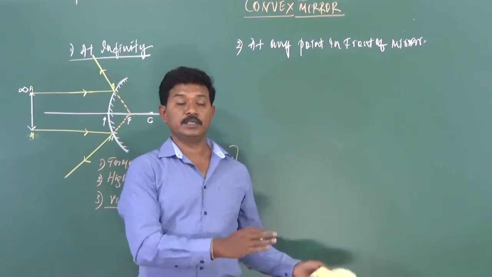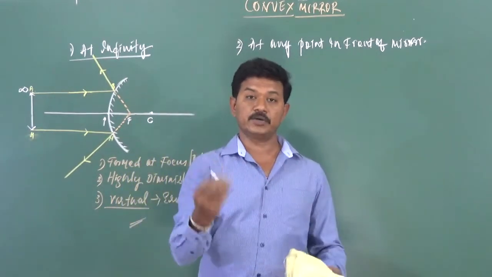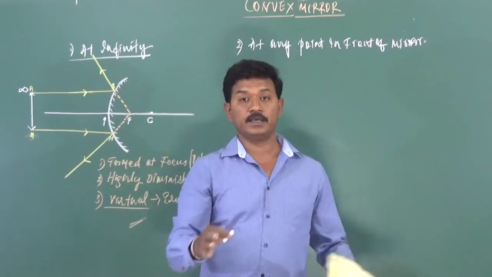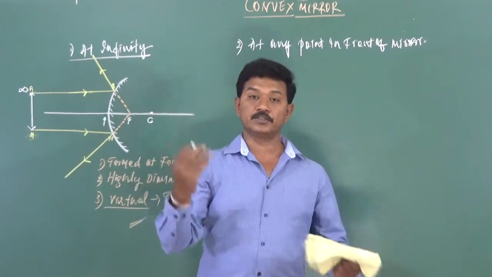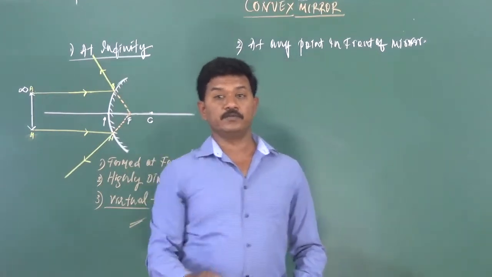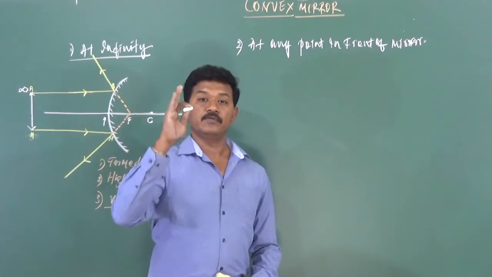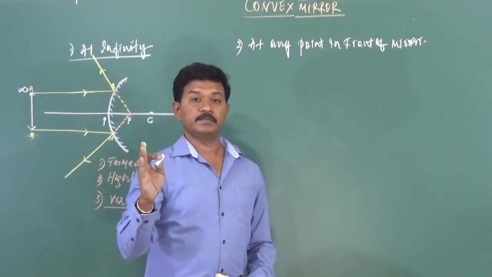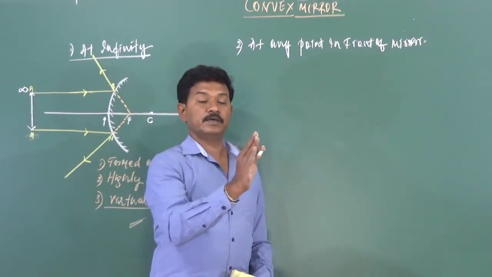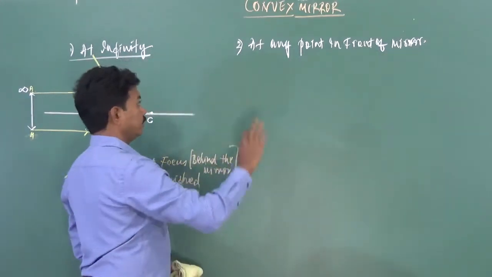It is beyond C, it's okay. At C, it's okay. In between C and F, it's okay. At F, it's okay. Between F and P, it's also okay. You can keep the object wherever you want in front of the mirror. The same image formation occurs irrespective of the position of the object.